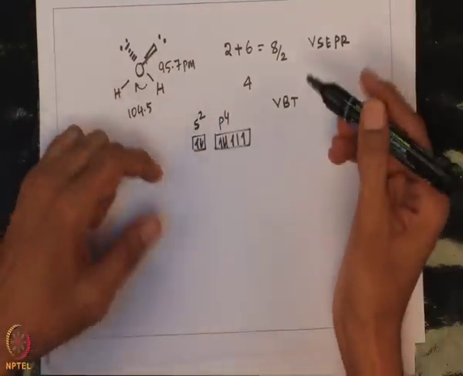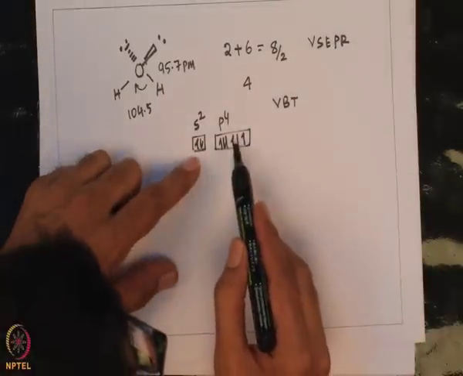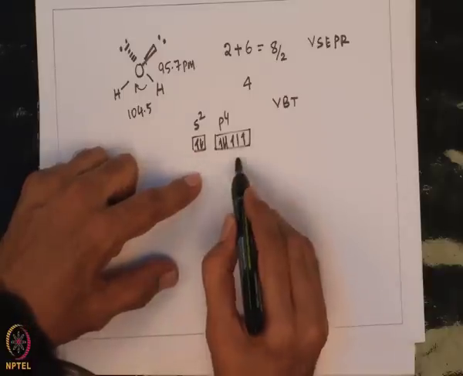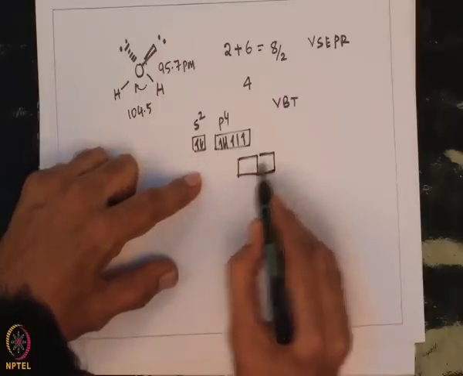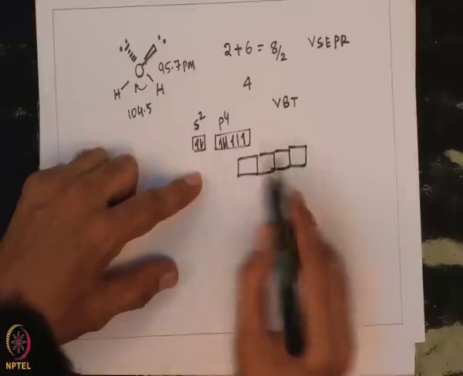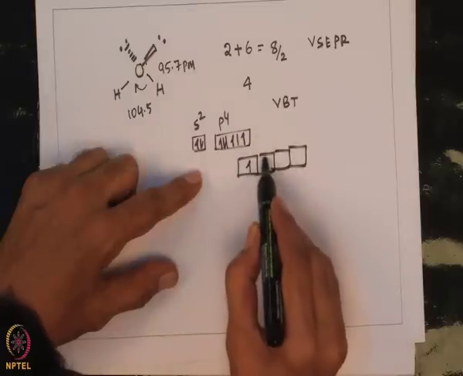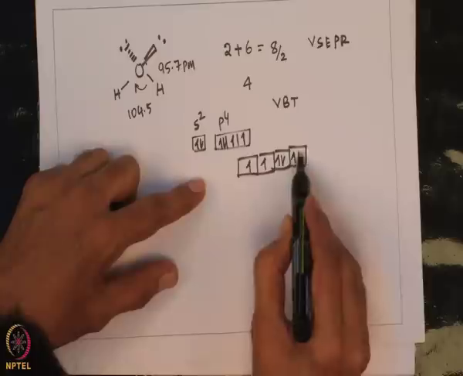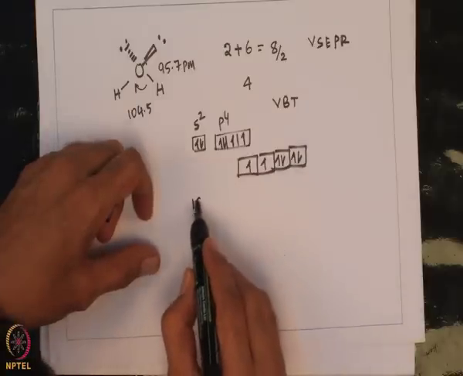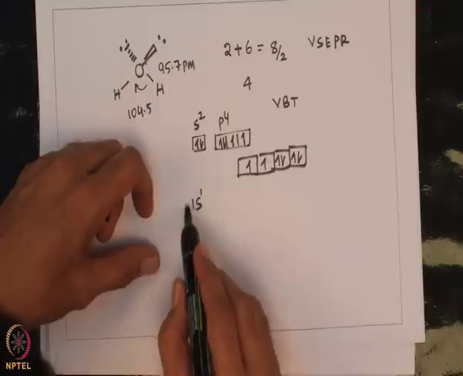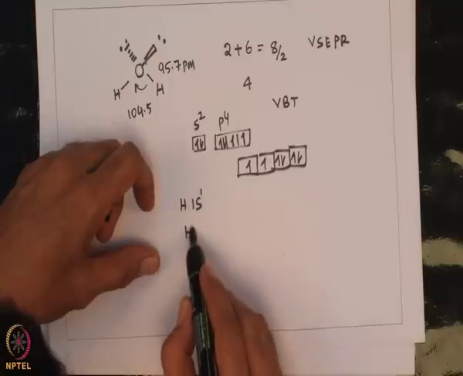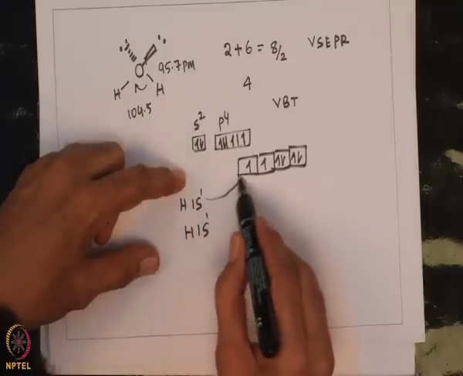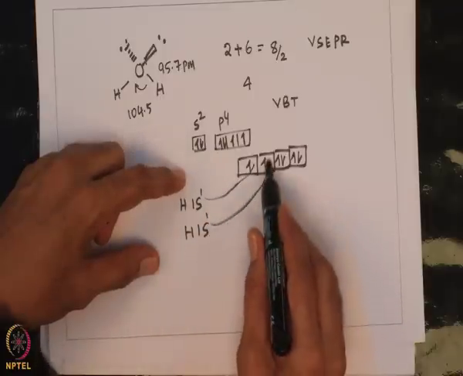During hybridization, 1 electron is promoted here, and we generate 4 sp3 orbitals. Now, 2 sp3 orbitals have 1 electron each, whereas the remaining 2 have 2 electrons each. Now, we have hydrogen 1s1 and another hydrogen 1s1. So, basically this 1s electron will come here, and another one will come here.